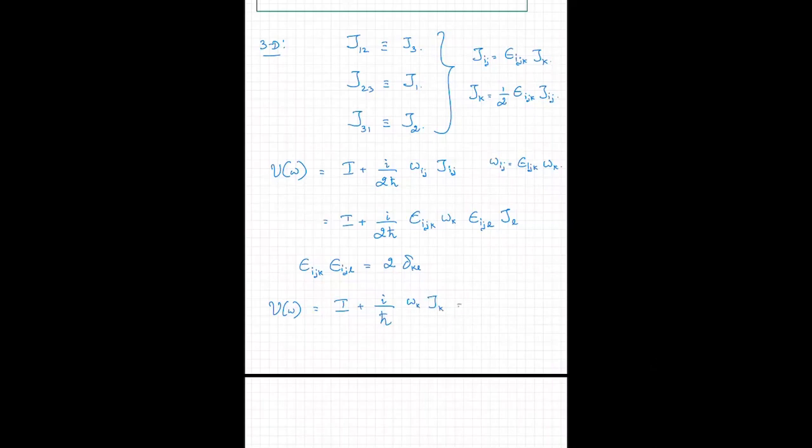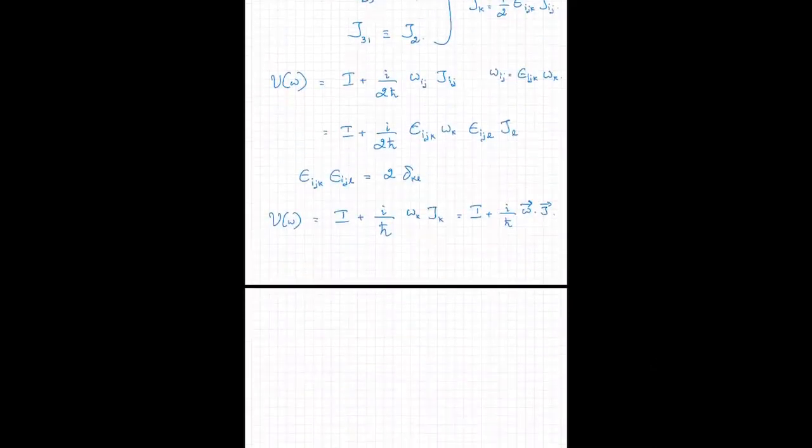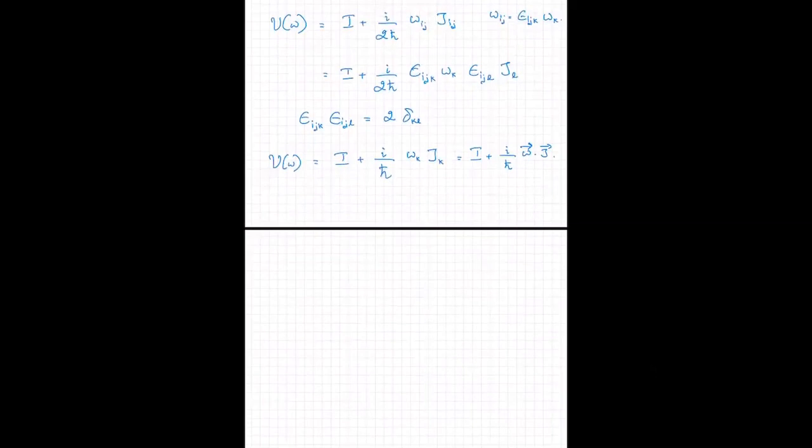Okay, or this can be written as i over h bar omega dot J as a vector, where omega is understood as a vector with components omega_1, omega_2, omega_3, and J is a vector with components J1, J2, J3. Whether you write it in index form as omega_k J_k, or as a dot product, it's the exact same. So in 3 dimensions, we have arrived at a very simplified form for U because there are only 3 rotation angles possible. So how do the commutation relations look like?